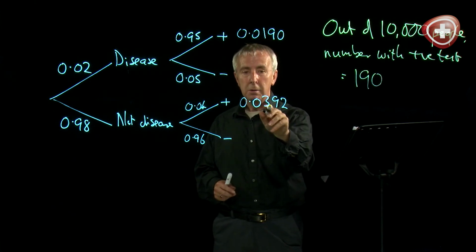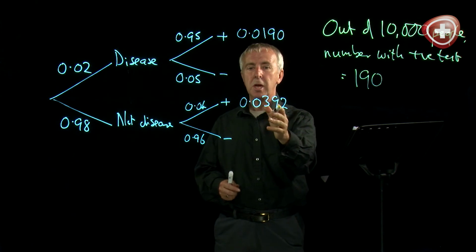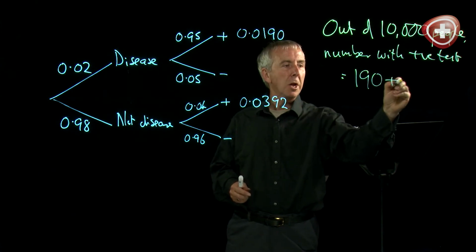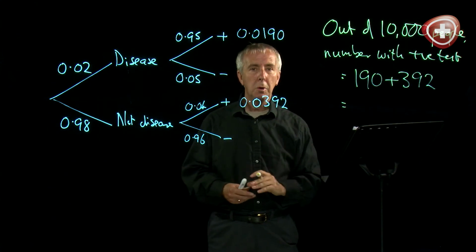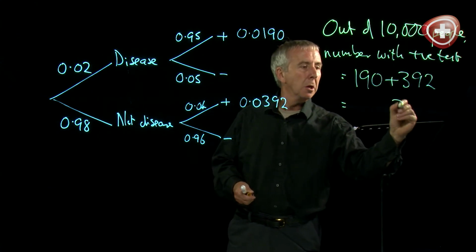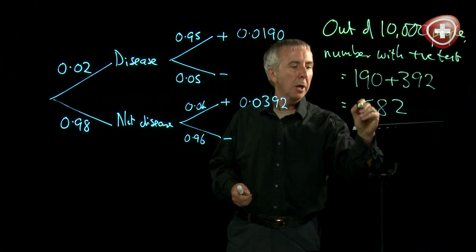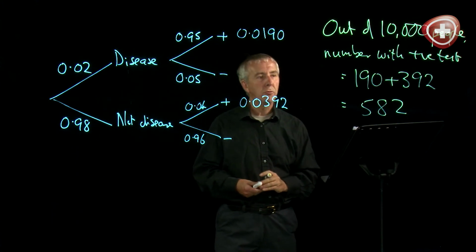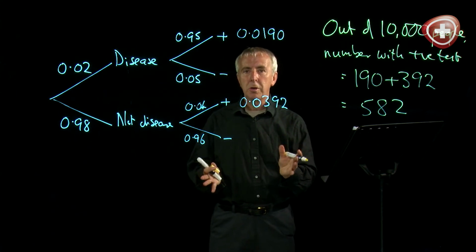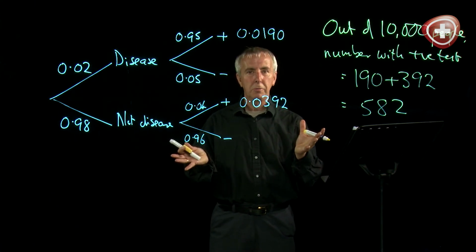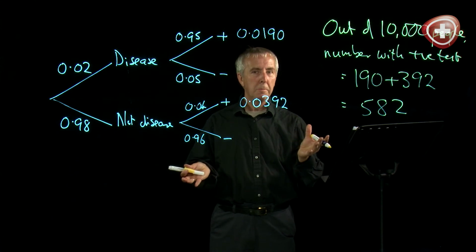And here, the other group who come out with positive test results, we get 392. And so the total number with positive test results is 582. So if you've gone to the doctor, you've had your test, you've got a positive result, do you worry?